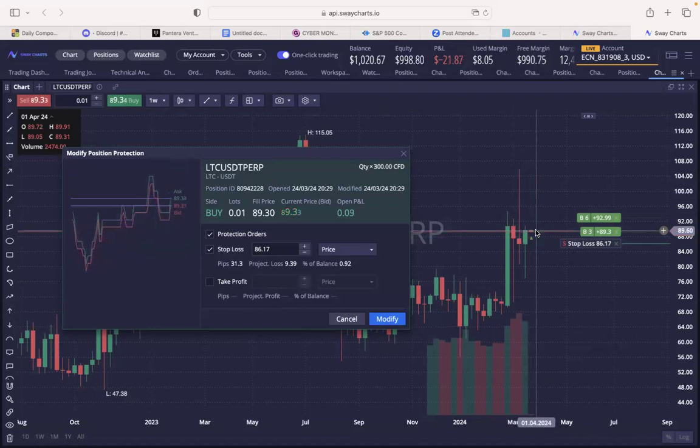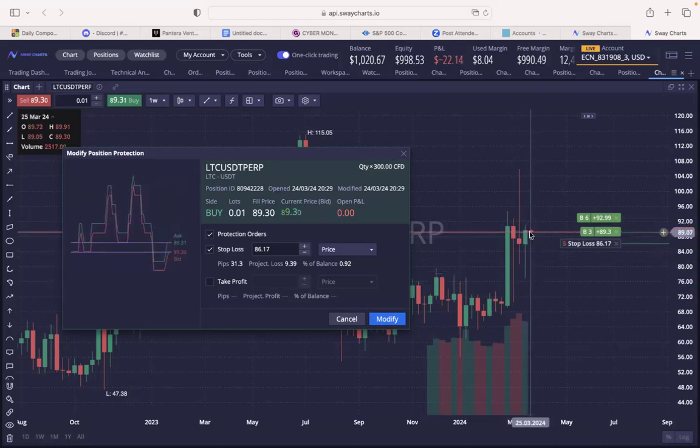You don't want to get in and then figure out what your stop loss is, right? But because I'm only using this for educational purposes, I just entered so I can have something to show. But I would have done my research prior. I would have chosen my stop loss, calculated everything, and just executed on the platform.